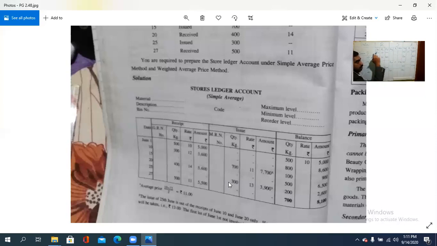So this lot almost finished, and the next two lots are to be taken. So 14 plus 12, that is 26 divided by 2, is 13. So 13 into 300 is 3,900. So 500 minus 300 is 200 units, and 6,500 minus 3,900 is 2,600.